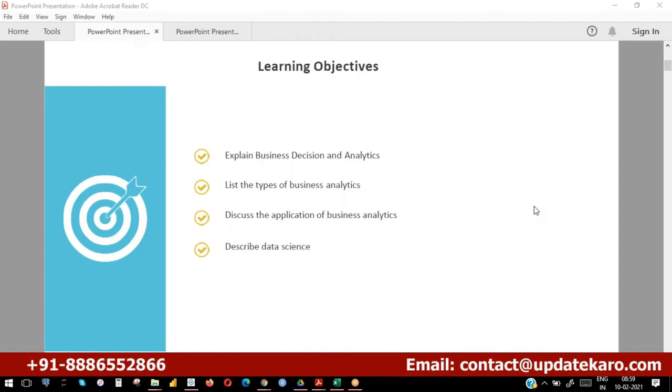Okay, so we have two terms over here. One is business, second one is analytics. The English meaning of analytics says that we are going to analyze the data and form some results or visualizations out of it. As a result, we are going to get some tables or visualizations.